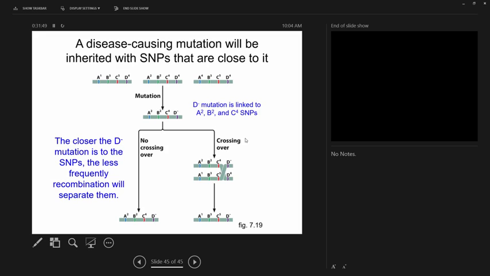Now the reason why you get less recombination between C and D is because, look, if you want to get recombination between C and A, you can have recombination anywhere between here and here, right? There's a lot more area there than between C and D. So again, recombination frequency is used to pinpoint where things are at. Good?